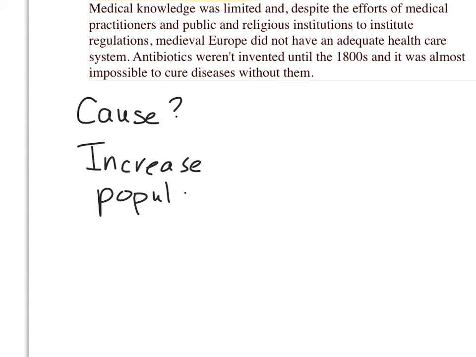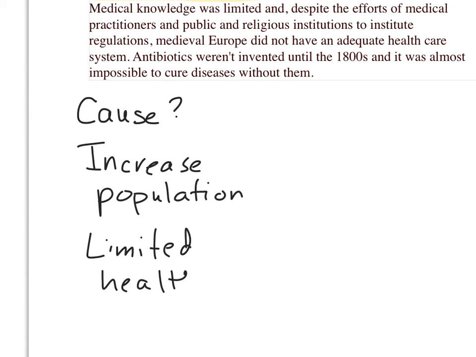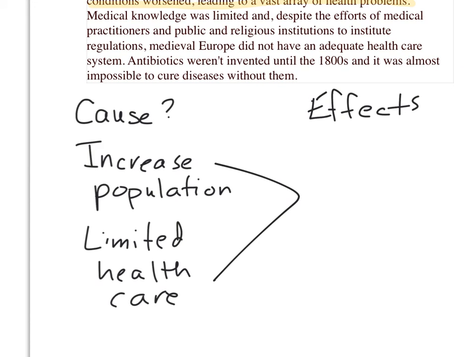We also looked at limited or non-existent health care. What were the effects of the increased population and limited health care? Poor hygiene, or worsening hygiene, and an increase in health problems.